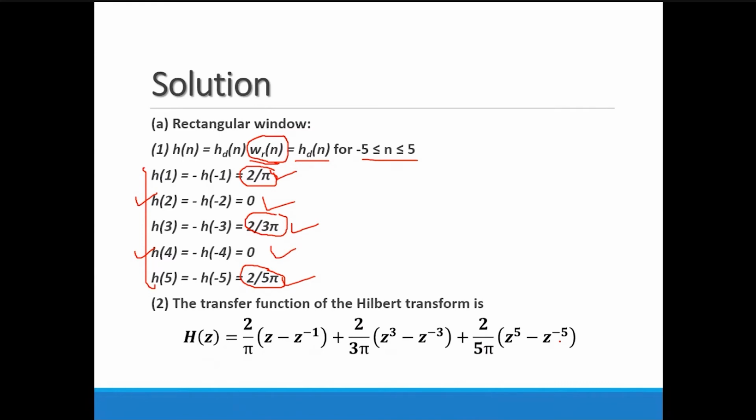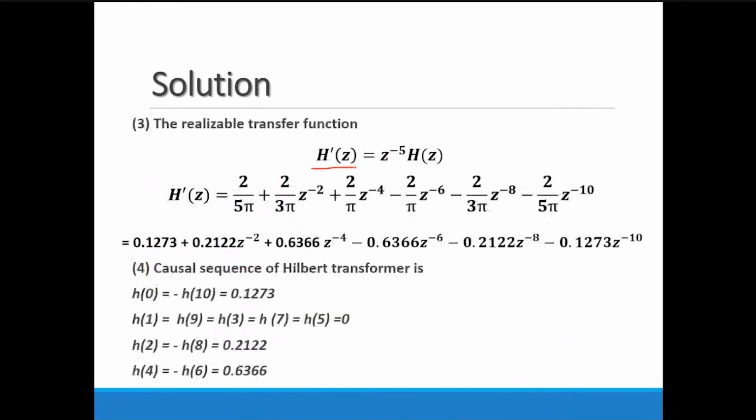So here the realizable function, that is H dash z, we get by multiplying this with z to the power minus 5 into Hz. So when you multiply this in the previous equation, you are getting this answer: H dash z is equal to 2 upon 5 pi plus 2 upon 3 pi z raised to minus 4 minus 2 upon pi z raised to minus 6 minus 2 upon 3 pi z raised to minus 8 minus 2 upon 5 pi z raised to minus 10.